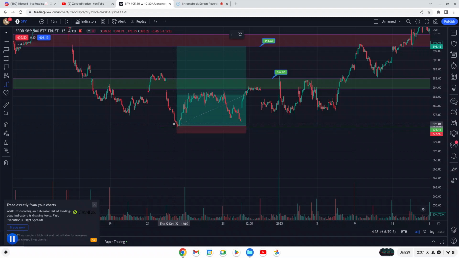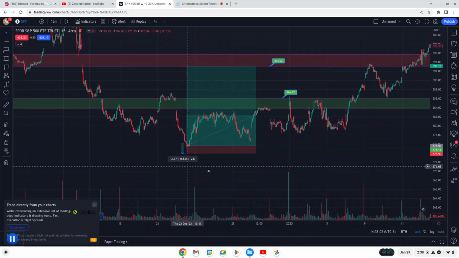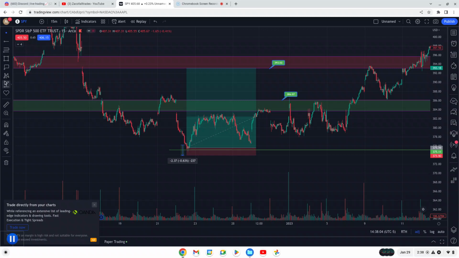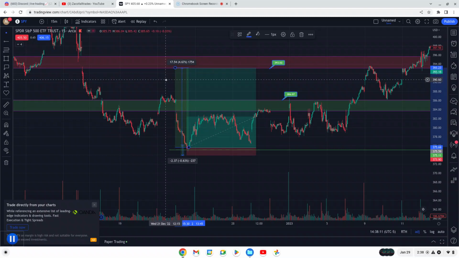So like I said, if you were swinging calls, meaning you want price to go up, you would only be risking 63% to make 4%. And that's $17 right there.